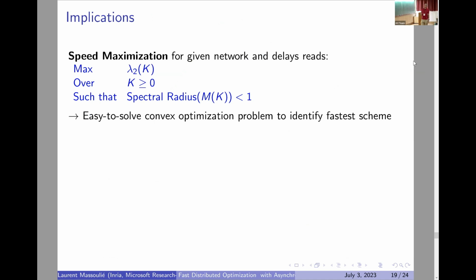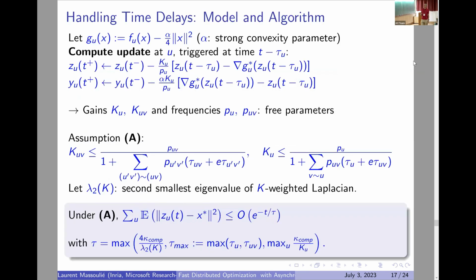In this constraint we enforce here for the gains in communications, you need to slow down how aggressively you update at edge UV based on the delay in the corresponding edge UV, tau UV, but also the delay in the neighboring edges, tau U'V'. If U' is equal to U, then this plays a role also. And so there's an example where you can understand why this is harmful.